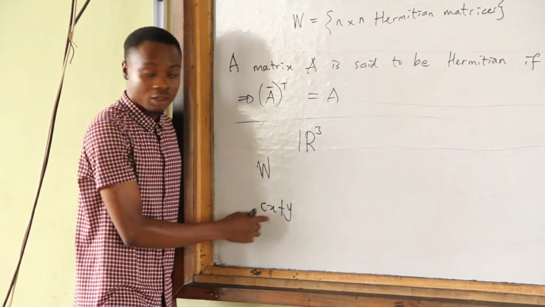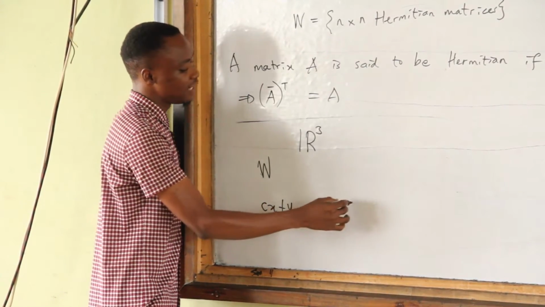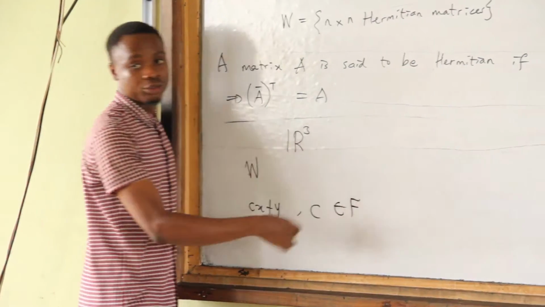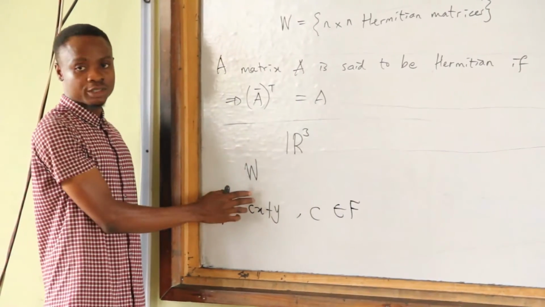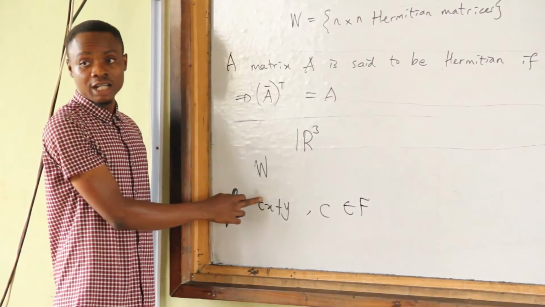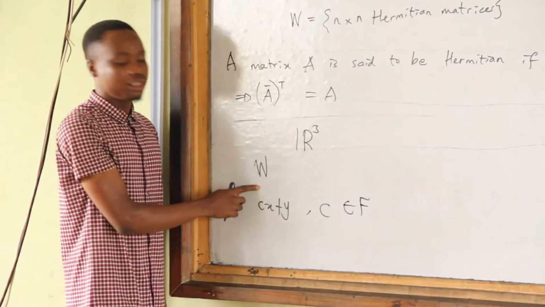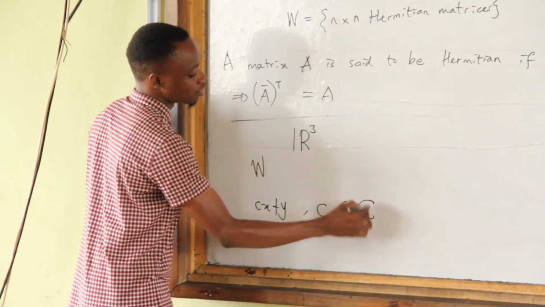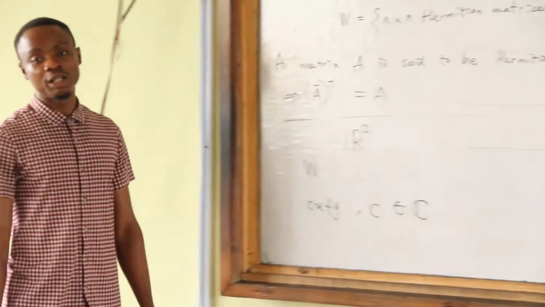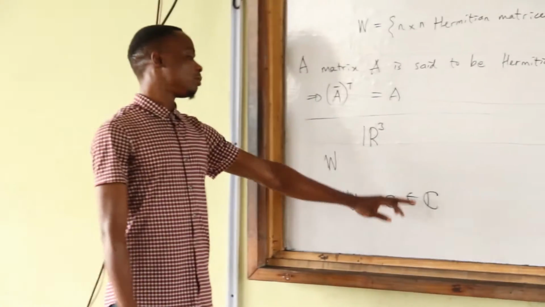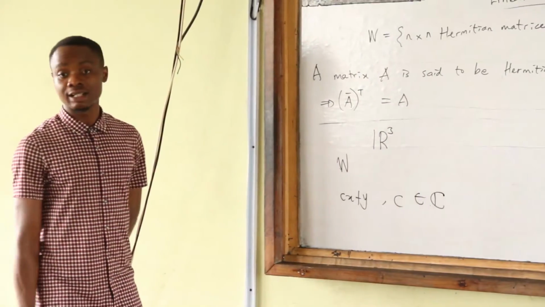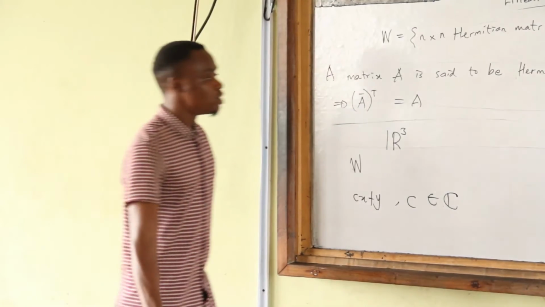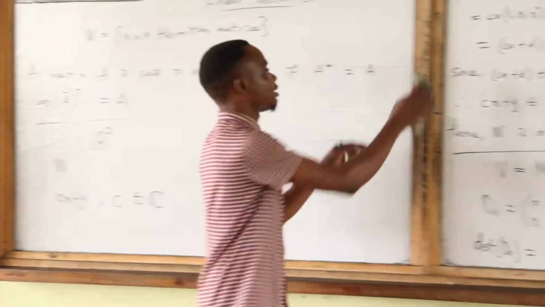Because c should be an element of whatever field you have defined the vector space over. In this case the vector space has been defined over the field F, which is equal to the complex numbers. So I can bring any element of this complex set and use it. Is it clear? Alright. So look at this.